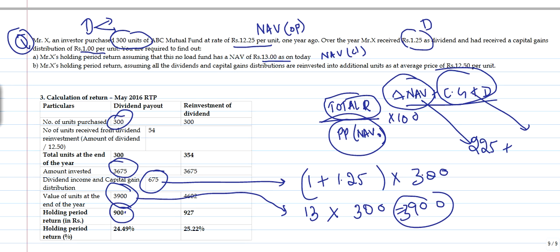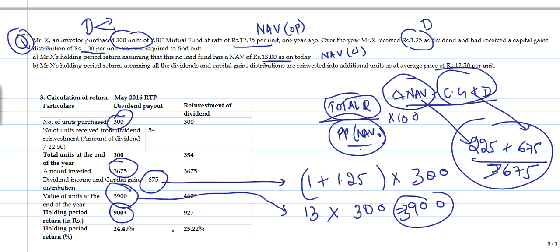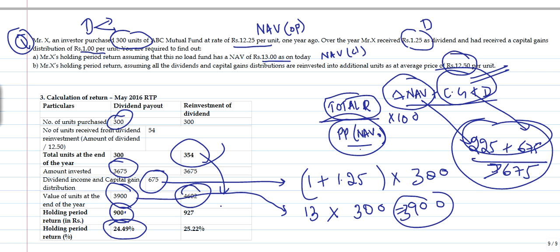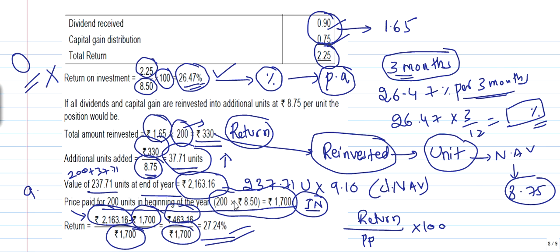Then 675 divided by purchase price 3675 into 100, you will get 24.49 percentage. Same thing with the reinvestment, but you have to take the return per unit as reinvested, and you will get the total units. The total units will be added to the closing value and multiplied, and you will get the return. Same problem, similar to this problem.